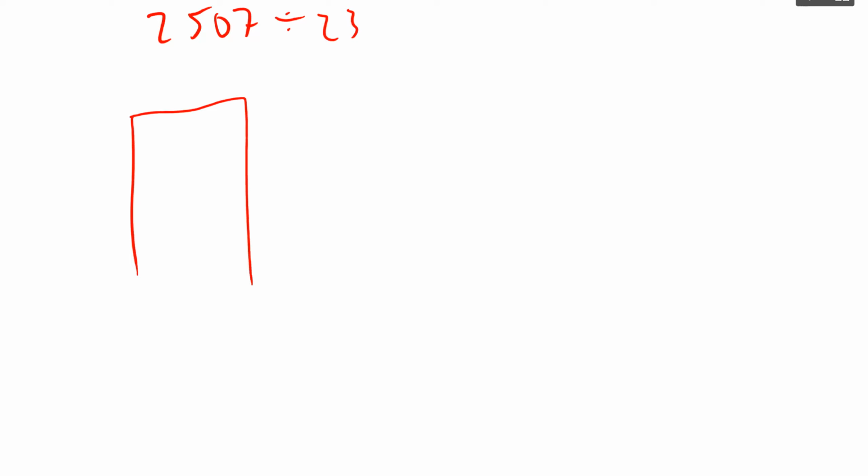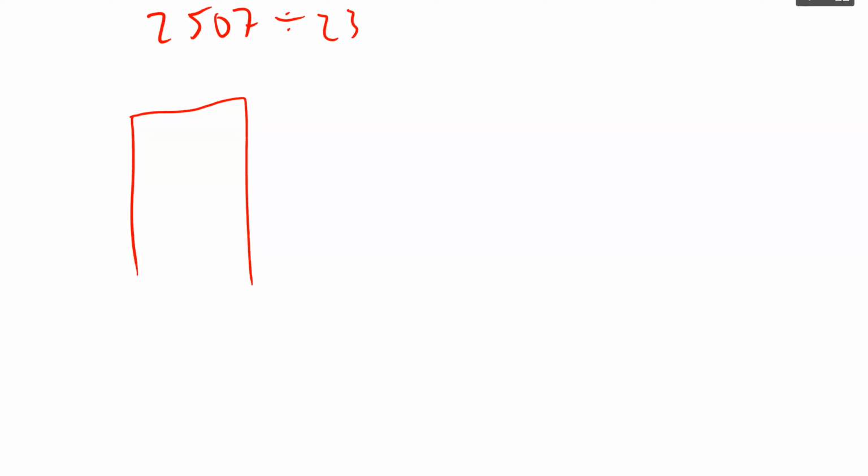We're just going to use it in reverse. So for example, if I had a problem of 2,507 divided by 23, then I know that I could model this with a rectangle. Now I'm going to leave part of it off because I don't know how long that rectangle needs to be.